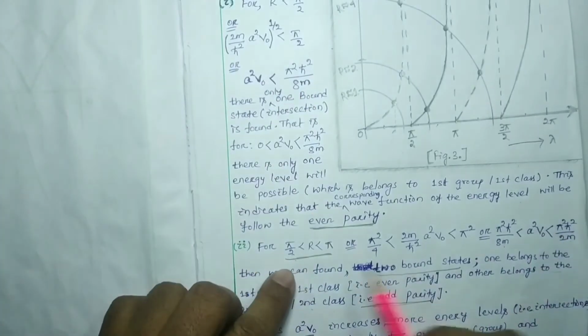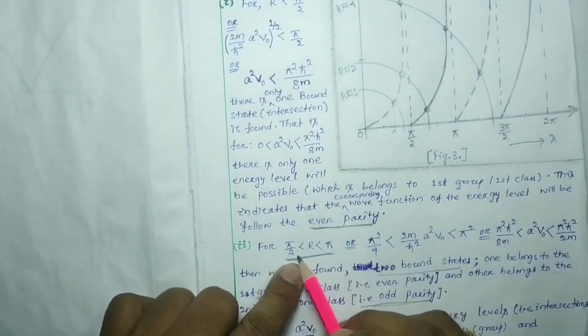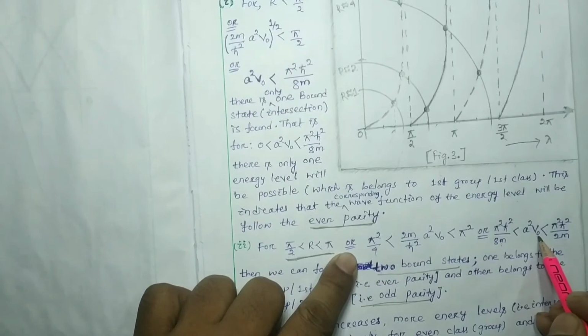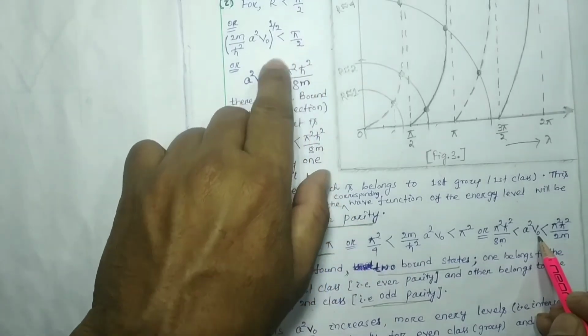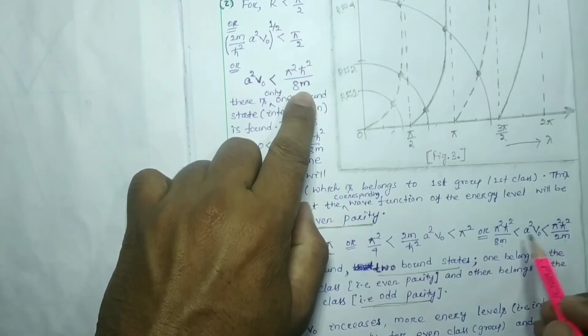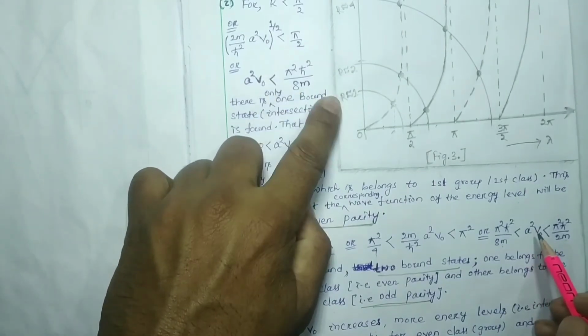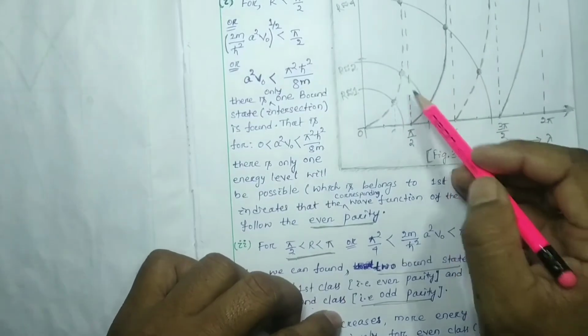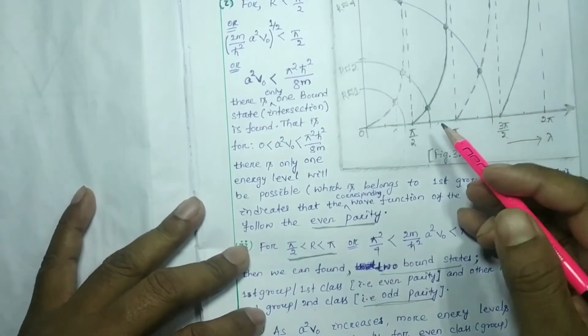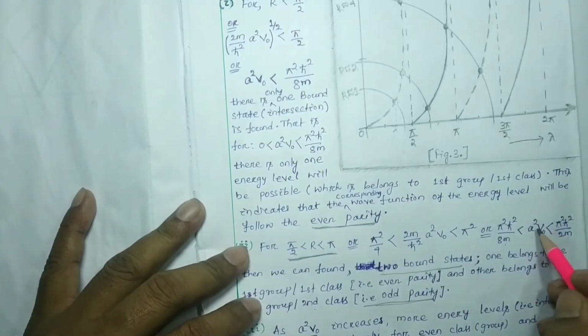In the second case, when we consider the radius from π/2 to π, a square v0 is greater than this value, π²ħ²/2m, which means it is increased. When a square v0 increases, the intersections also increase. So if we increase this a square v0 value further, the intersections will also increase.